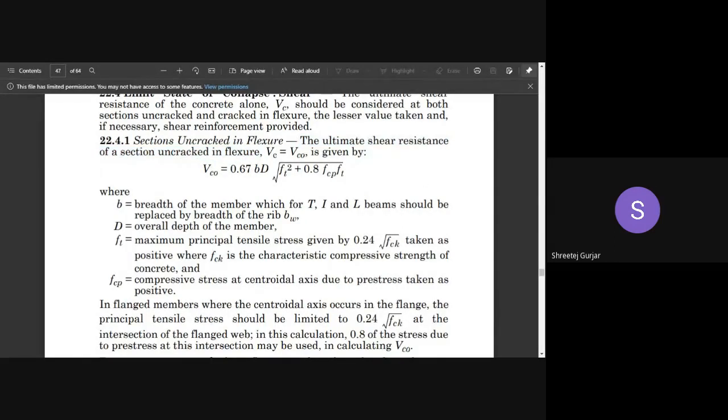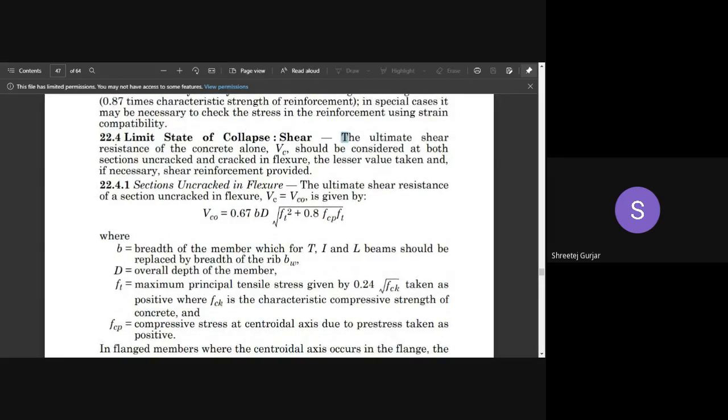So this is nothing but the capacity of your concrete to resist shear, the ultimate shear resistance, which is VCO, which we have calculated. Now suppose we have shear due to external loads of 250 kilonewton, and the shear capacity we have calculated, VCO, is equal to 280 kilonewton.